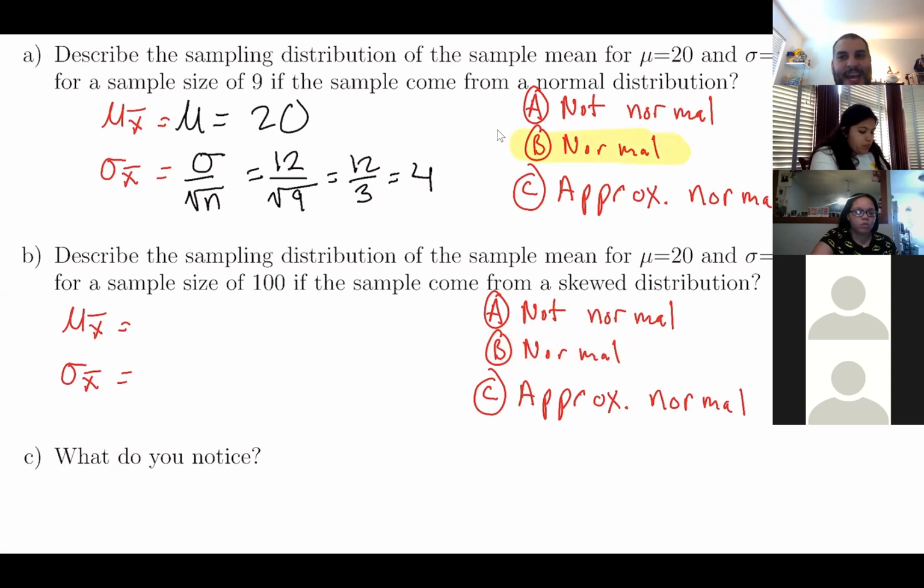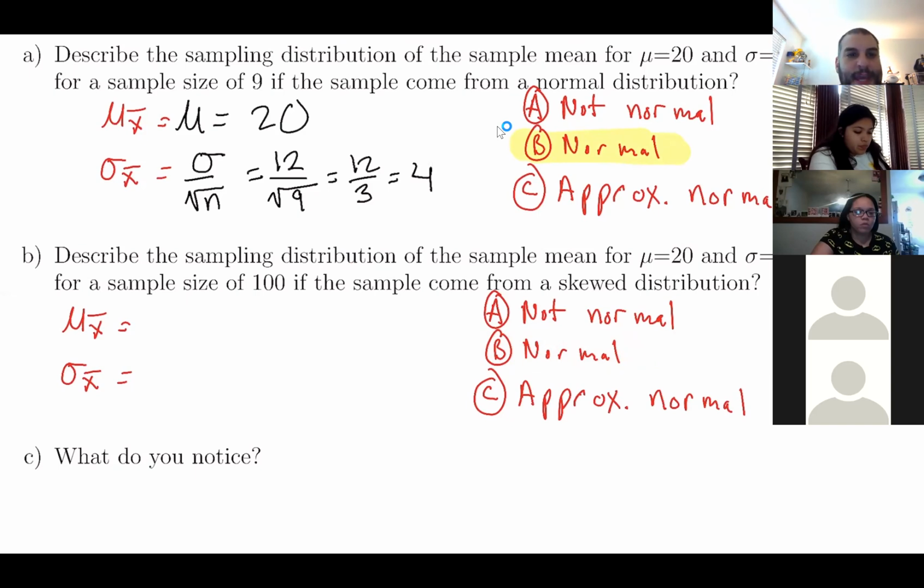And that's it for A. So those are the three things that you want to give me if I say find the sampling distribution. Any question in regard to A? No. All right, let's do B.